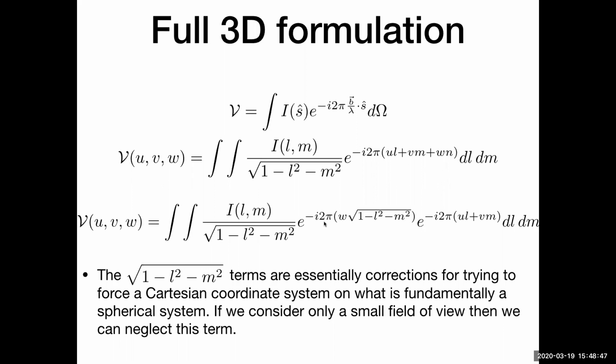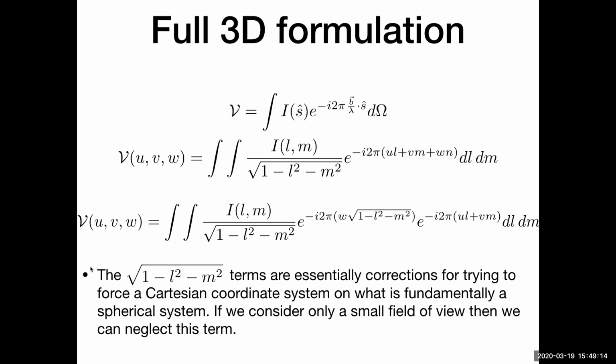And what we're left with is intensity as a function of position on the sky and what looks a lot like a Fourier kernel with two sets of variables, U and L as a Fourier pair and V and M as a Fourier pair. So L and M being our positions on the sky and U and V being the position of our baseline, the relative position of the two telescopes.